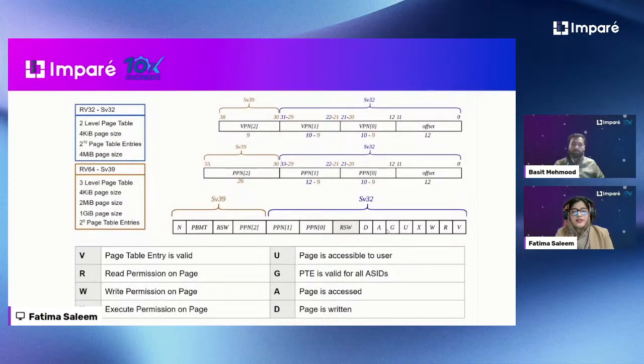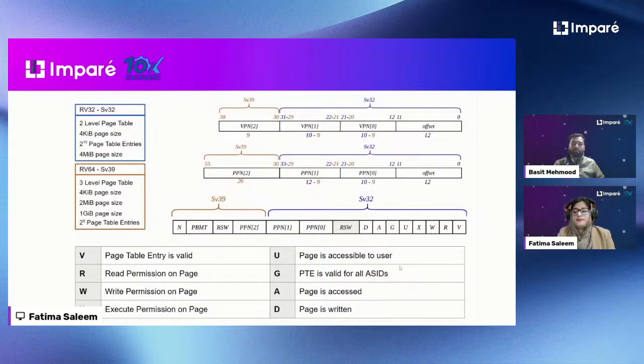Also, we know that in a single CPU multiple processes could be running, so sometimes we need to separate out the memories for each process. We want process 0 to not access process 1's memory, so we define accesses for different processes separately. That is done using the ASID field. There are address space identifiers assigned for each process, a different identifier for each.